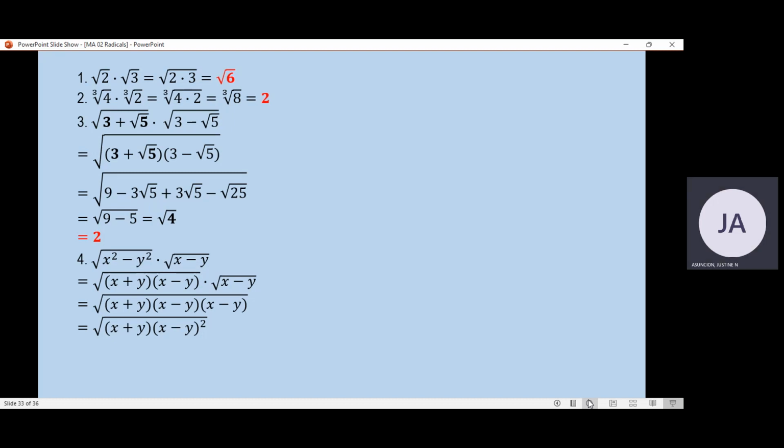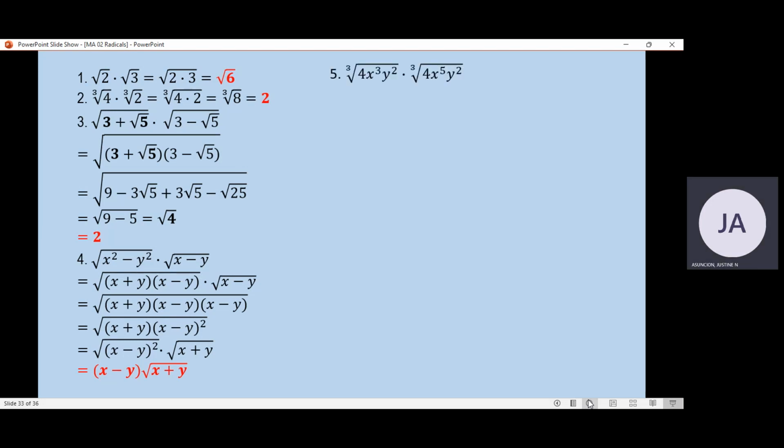The square root of x minus y squared is x minus y, and then we have the square root of x plus y. So our final answer is the quantity x minus y times the square root of x plus y. Actually, you can distribute this also, so you can have x times the square root of x plus y minus y times the square root of x plus y.